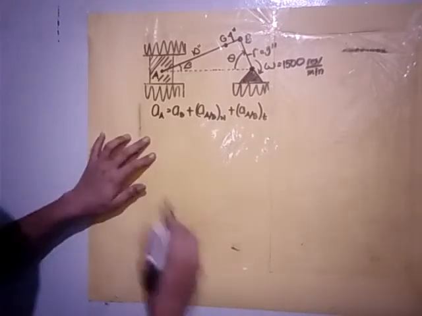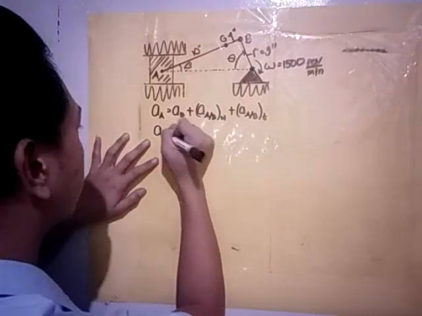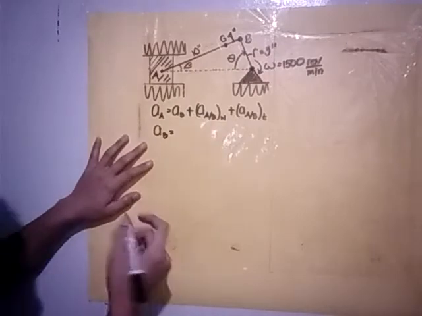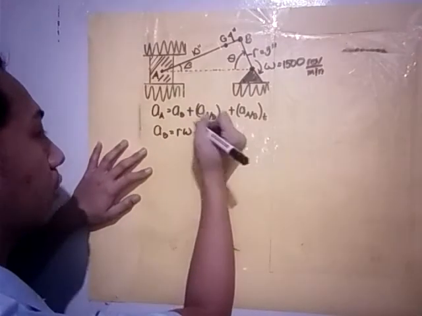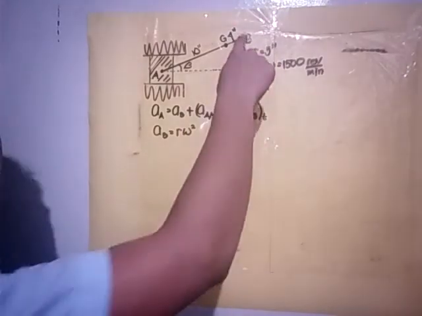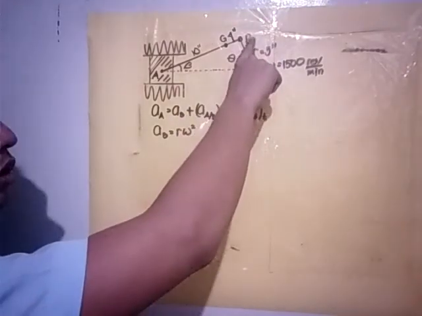So first, the acceleration of B is equal to R times angular velocity squared.